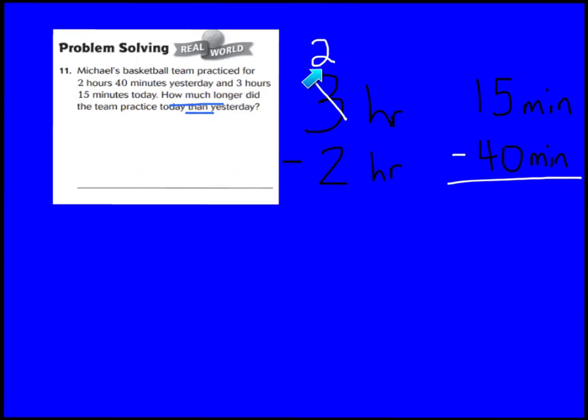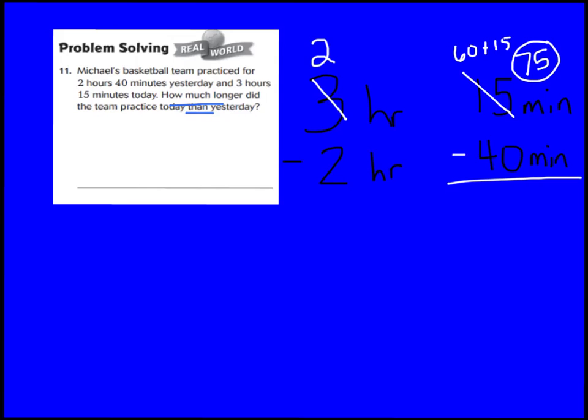Because I just took away an hour, I can make an hour to add to my 15. So what I'm going to do is I'm just going to add 60 minutes to my 15. So now this will become 60 plus 15. And I know 60 plus 15 equals 75 minutes.